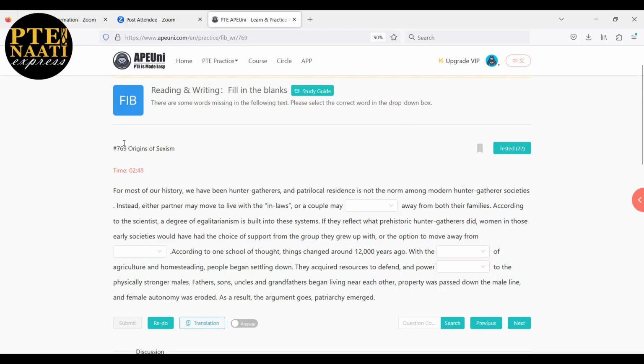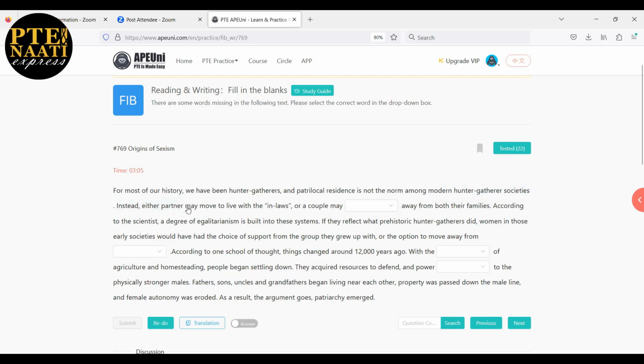Origins of sexism. For most of our history, we have been hunter-gatherers, and patrilocal residence is not the norm among modern hunter-gatherer societies.